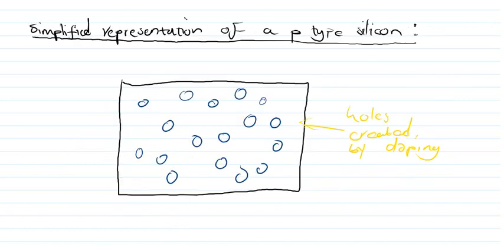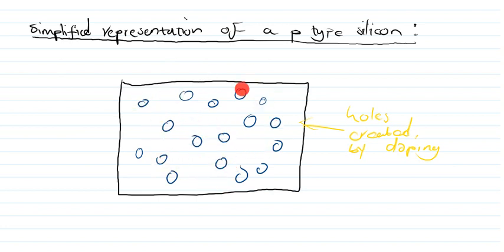A simplified representation of a p-type silicon crystal. So this is our silicon crystal. Assume it's a silicon solid with impurities, and that impurity just happened to be what? Boron, so that we form a p-type material.